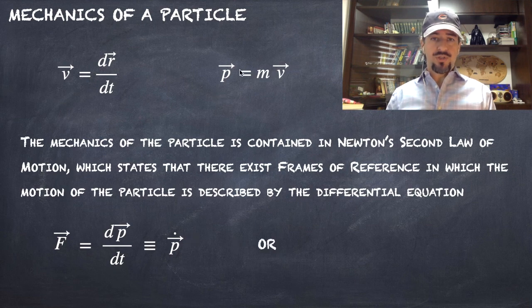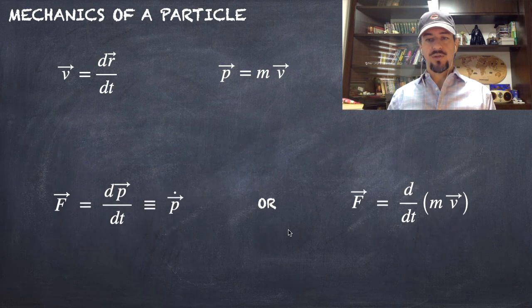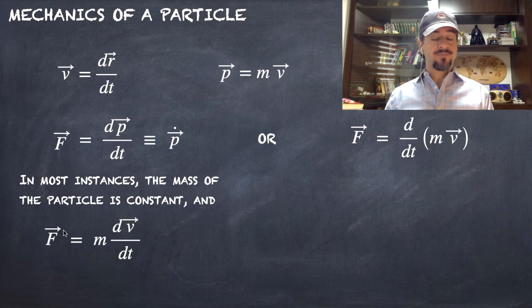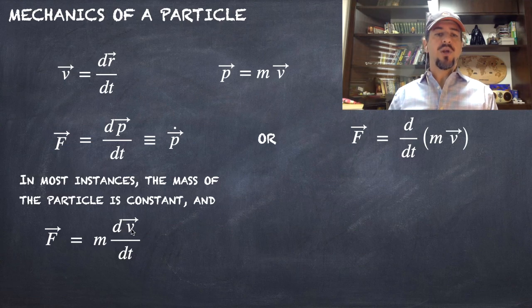Or, using this definition, we can write that the force is equal to the derivative with respect to time of this product, mass and velocity. In most instances, the mass of the particle is constant, and then the force can be written as the mass times the derivative of the velocity with respect to time.